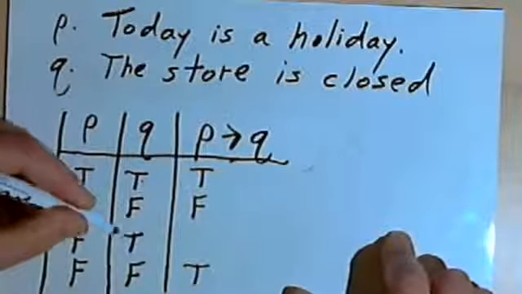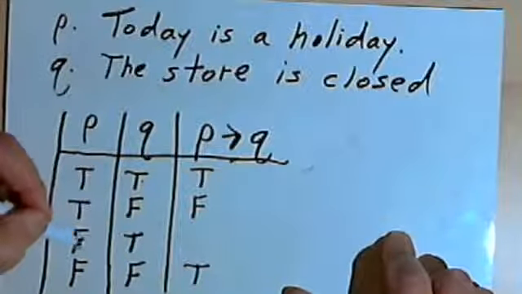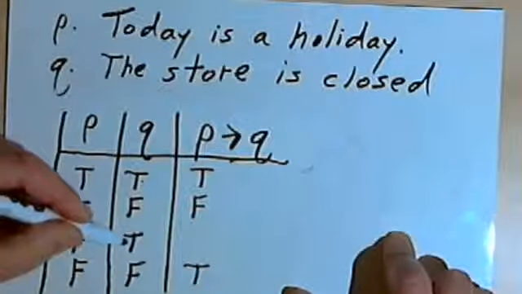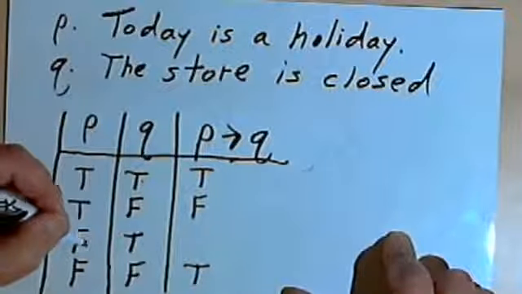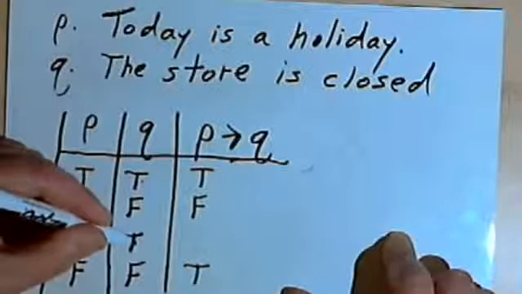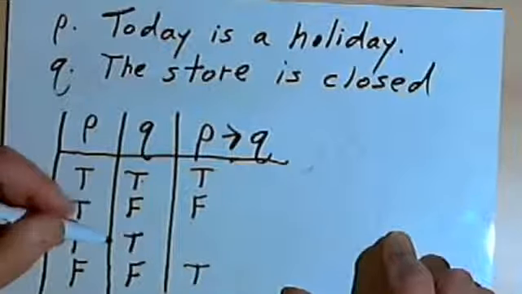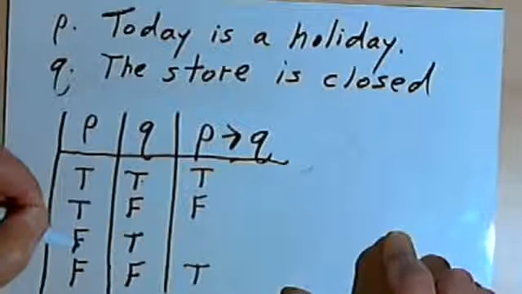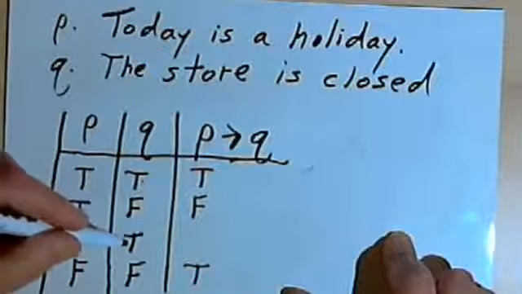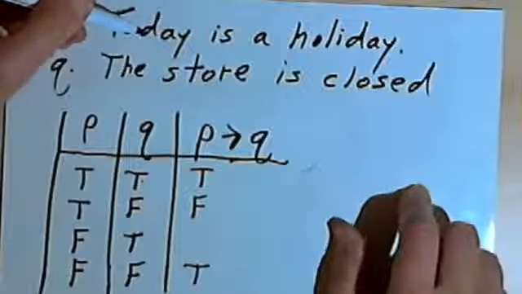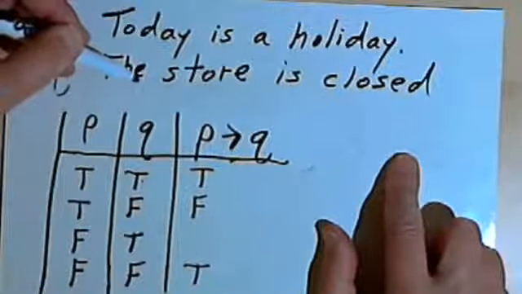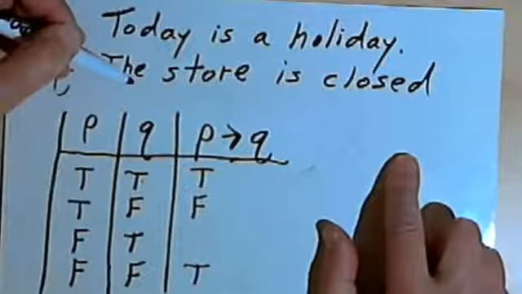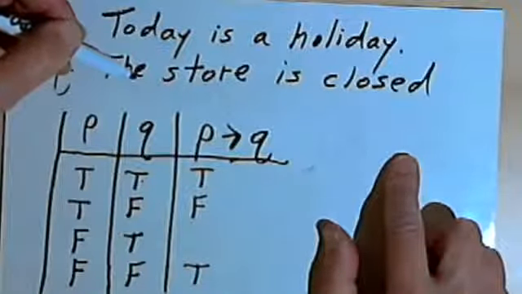The condition that gives people a little bit of difficulty sometimes is if P is false and Q is true. In other words, today is not a holiday, but it's true that the store is closed. Now, you might have expected that if it wasn't a holiday, the store would be open. But the statement we started with is, if today is a holiday, then the store is closed. We didn't say that was the only reason the store might be closed. There might be other reasons.